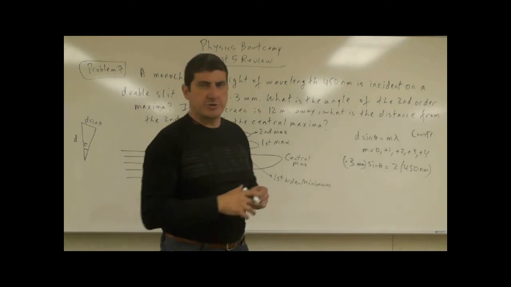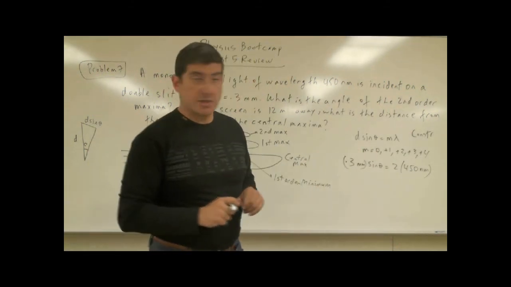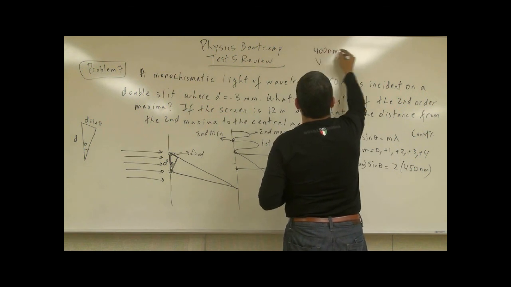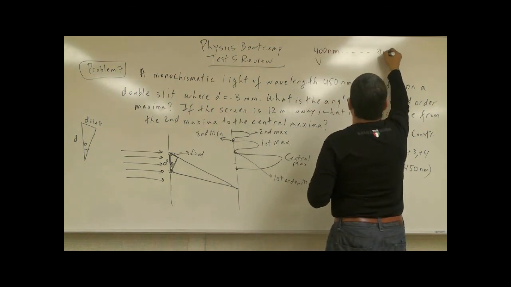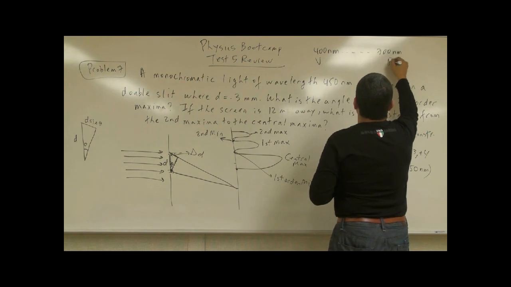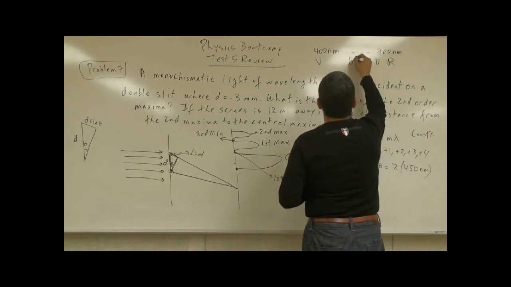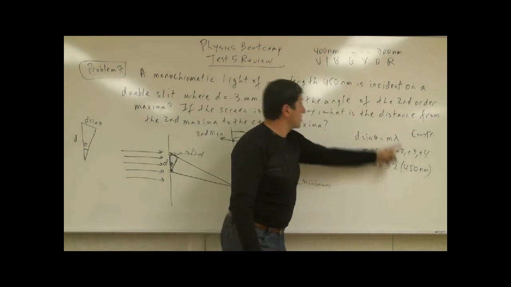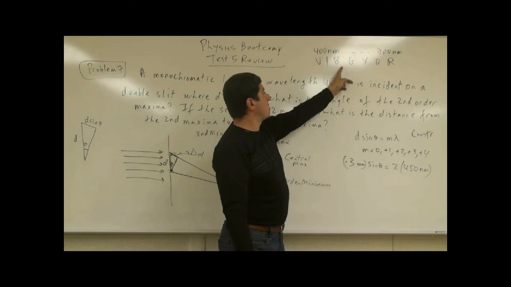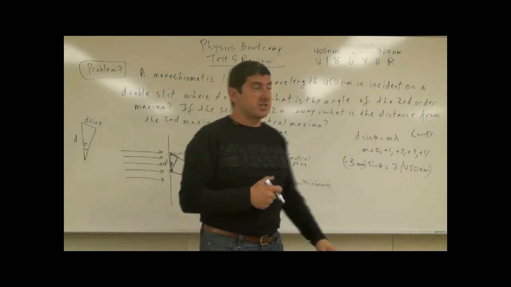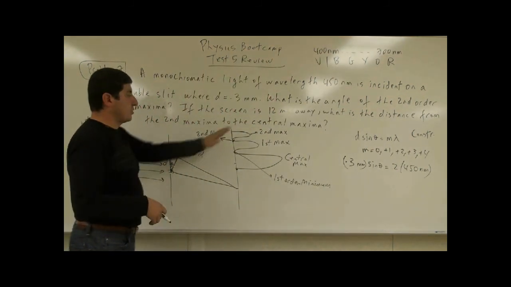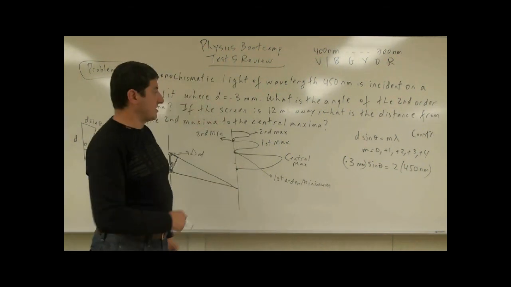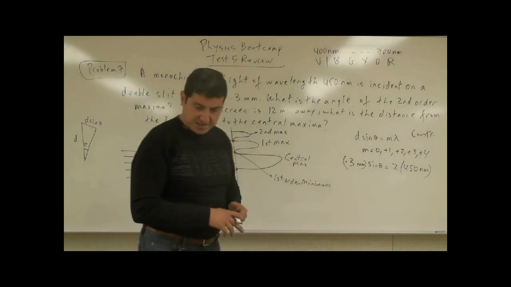Remember when we talked about the spectrum of visible light, we said that 400 nanometers corresponds to violet, all the way going up to 700 nanometers, which corresponds to red. And then you had ROY G. BIV. So 450 nanometers corresponds to a visible light wave roughly in the blue range. So this is a blue light wave coming, and we want to observe and study its interference pattern here. Okay, so let's analyze this now.